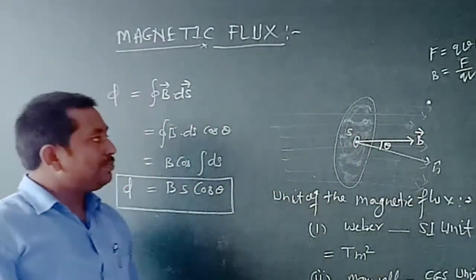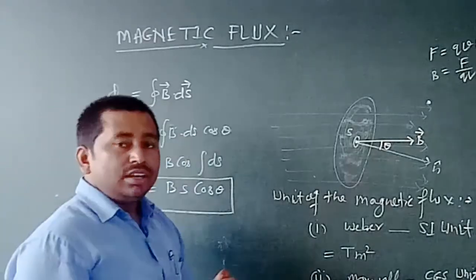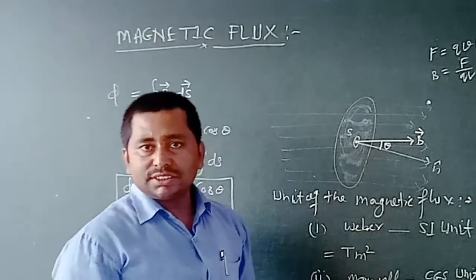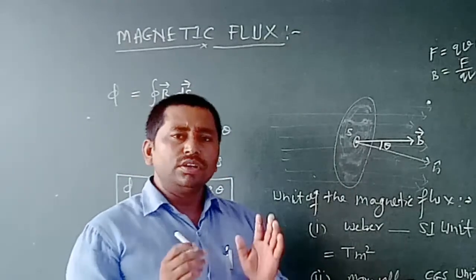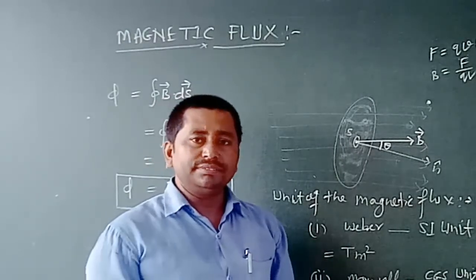So let us define what magnetic flux is. Magnetic flux is the number of magnetic field lines passing through any given area normally.